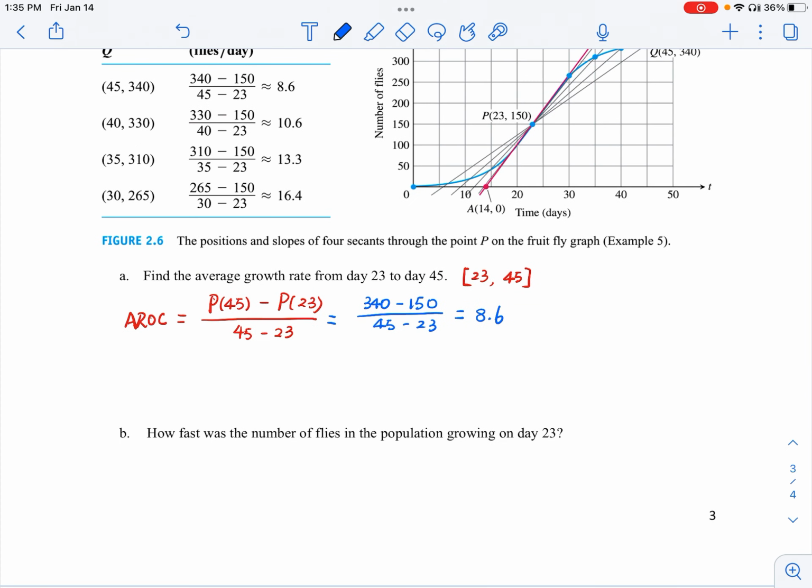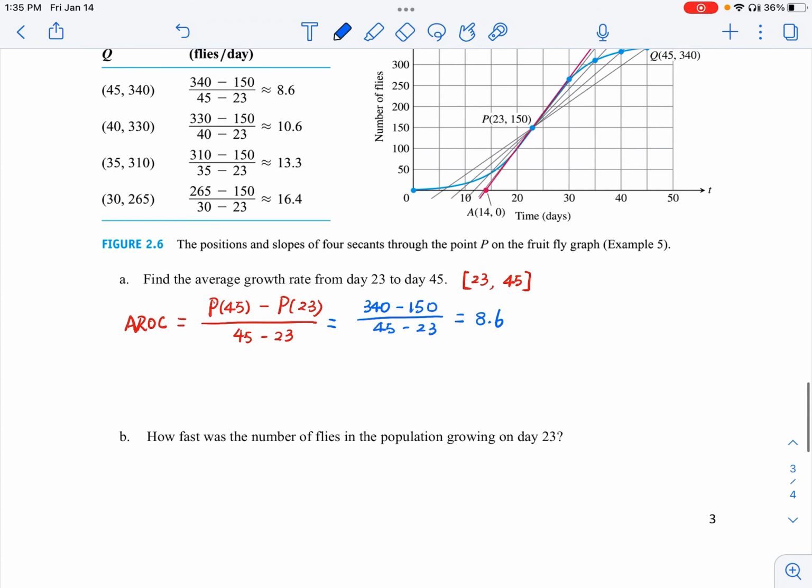Now let's see part B. How fast was the number of flies in the population growing on day 23? If you want to calculate on day 23, you should use the interval 23 to 23 plus h, right? That we need to figure out. Let's look at the graph.